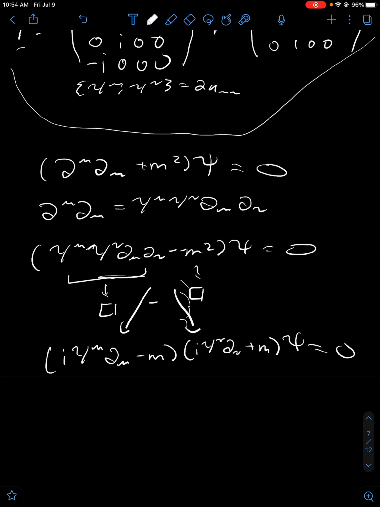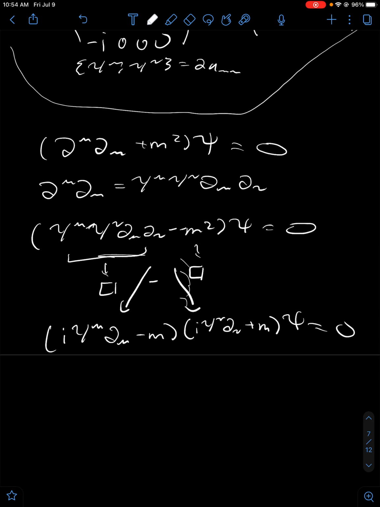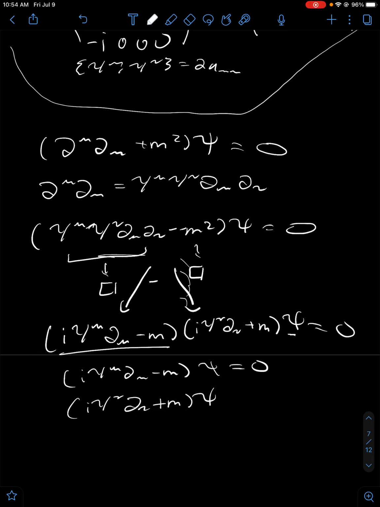And remember, we originally wanted to factor that into two terms, and we just have done that. So there are two options here. We can let psi go to this term, i gamma mu partial mu minus m, and set that equal to 0. Or we can apply the other term and set that equal to 0.